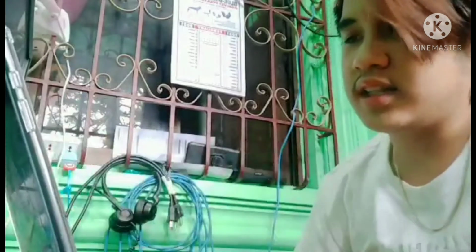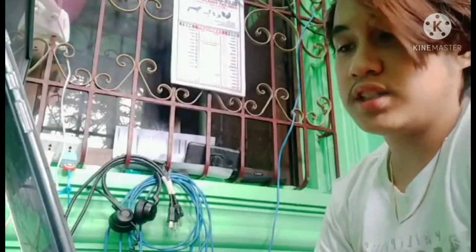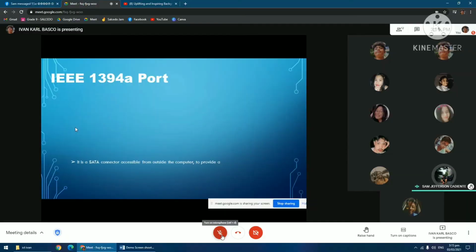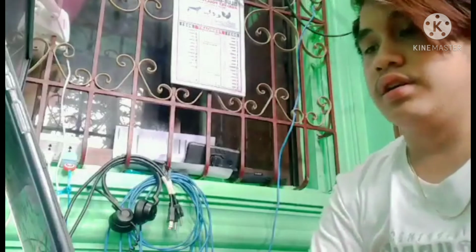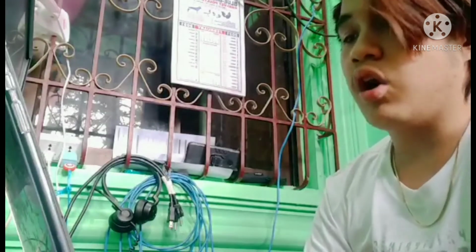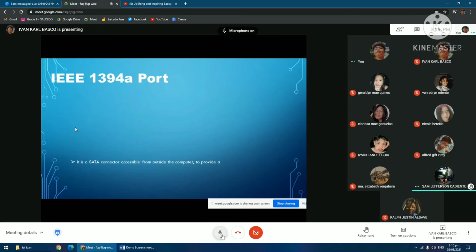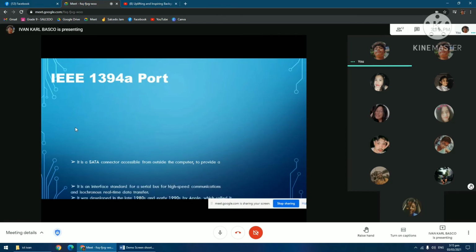Sir, it is an interface standard for serial bus or high-speed communications and asynchronous real-time data transfer. It was developed in the late 1980s and early 1990s by Apple, which called it FireWire, in cooperation with a number of companies, primarily Sony and Panasonic. Very good. Let's see.